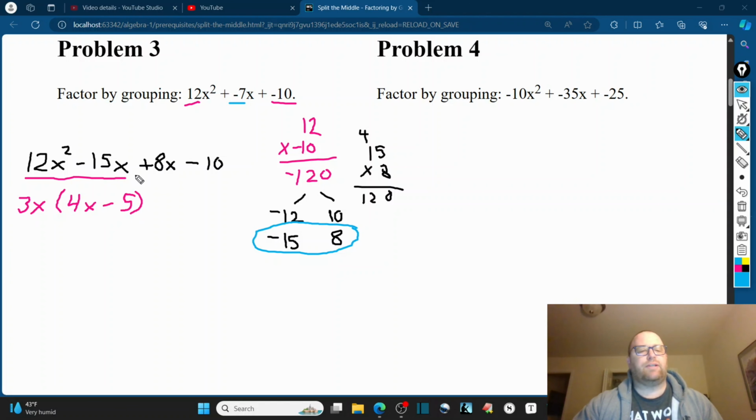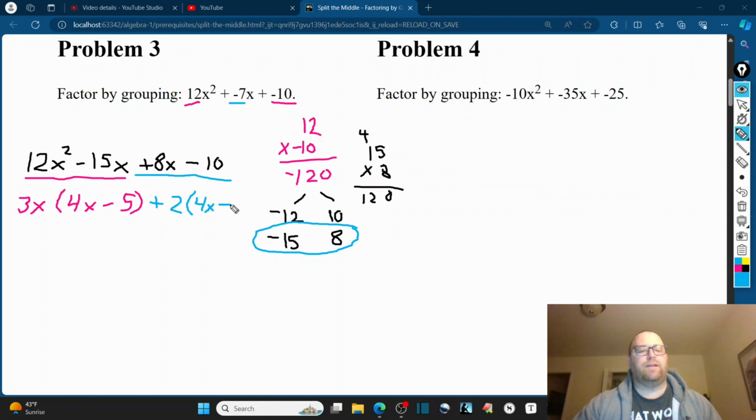For these next two, plus 8x minus 10, the greatest common factor is going to be a plus 2. 8x divided by 2 is 4x.